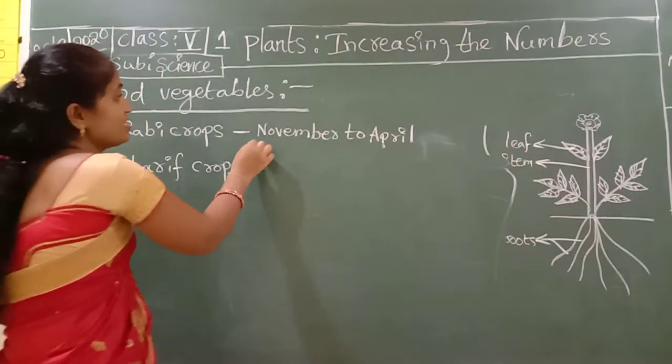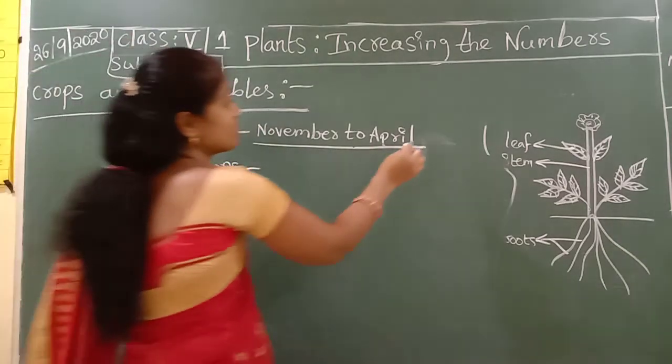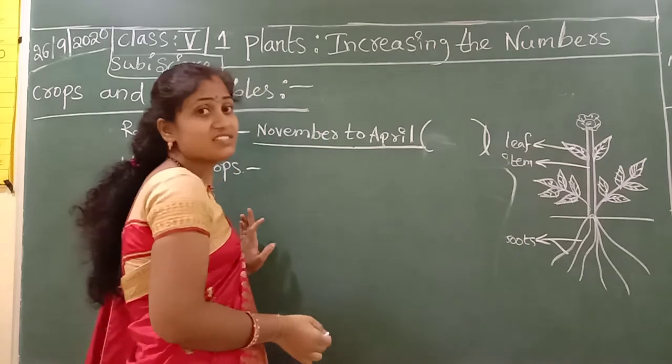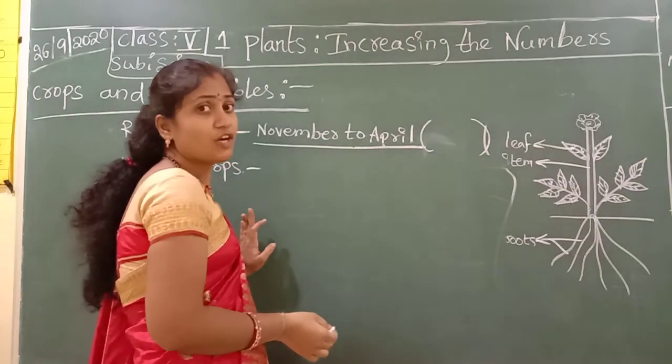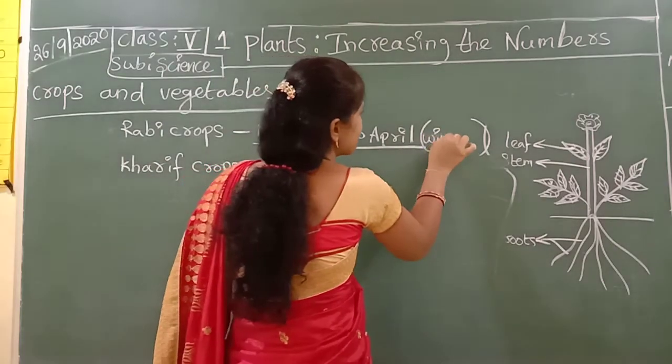So November to April, Rabi crops. Which season is this, see children? Is this summer or winter? November, December we are shivering, no? So this is the winter season.